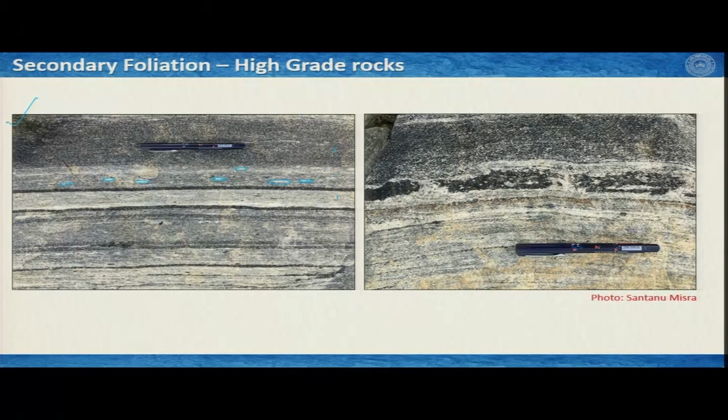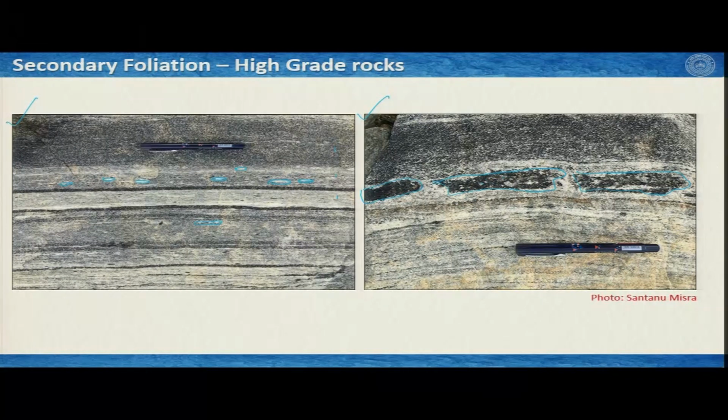But these are secondary layers and secondary foliations, and you can get it from experience, and if you can look for some sort of features like elongated clasts and so on. You can also figure out from the second image that these features are also associated with secondary foliations and so on, that these are essentially not your primary bedding planes.